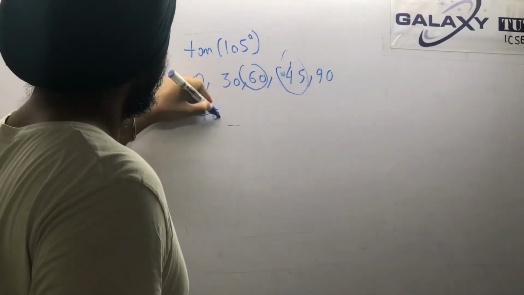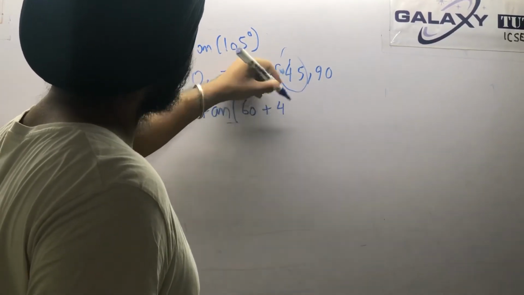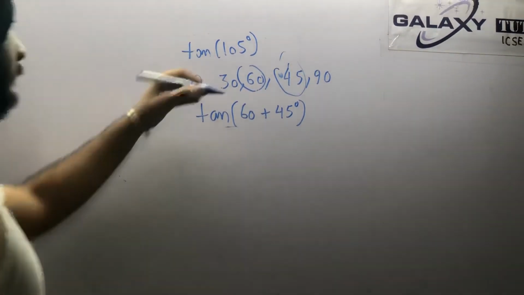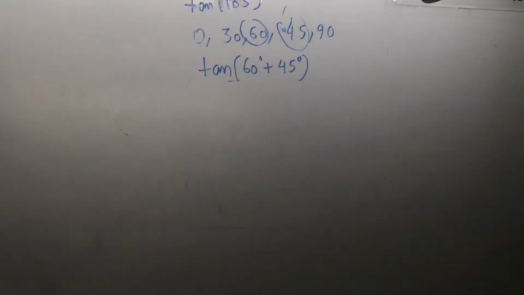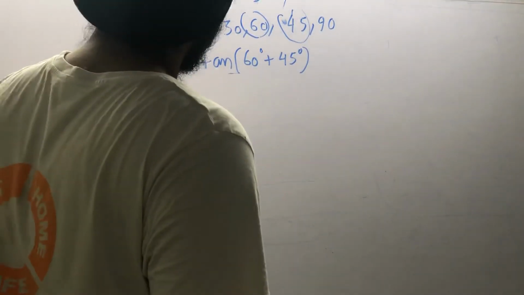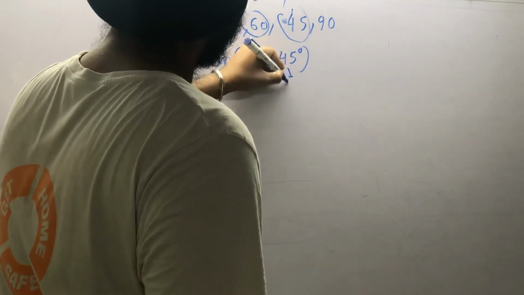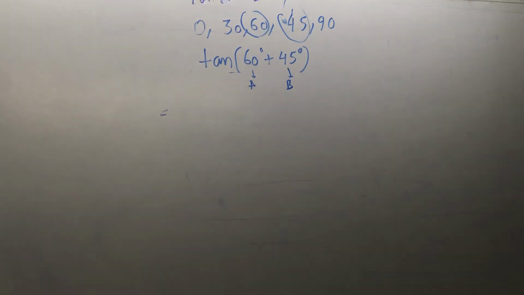So tan 60 plus 45 is equal to how much? Is equal to this. Now see here, tan A plus B. What is tan A plus B?